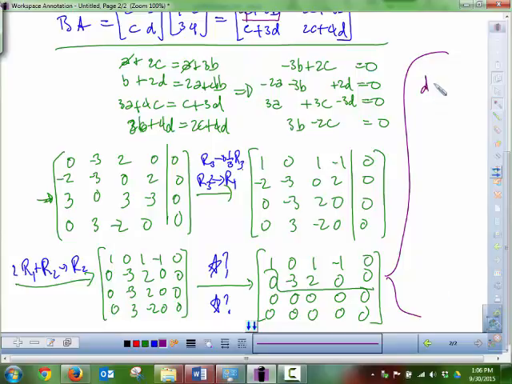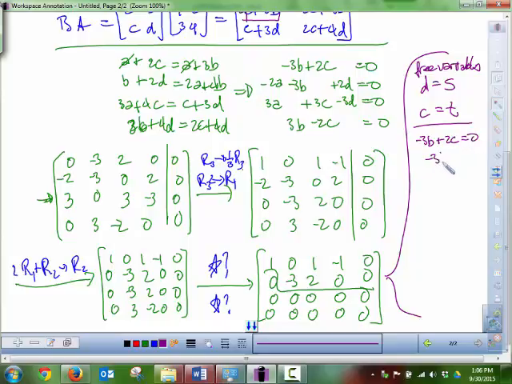So maybe I'll let D equal one free variable and C equal the other free variable. So we got a couple of free variables, and once we know that D is equal to S and C is equal to T, free variables, then I can figure out what my A and B are equal to. So according to the second row, I have minus 3B plus 2C is equal to 0.